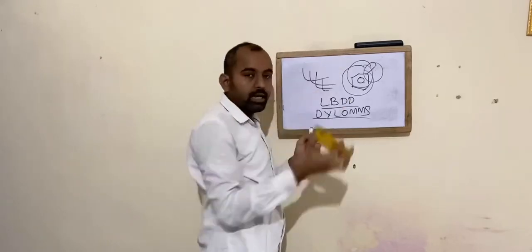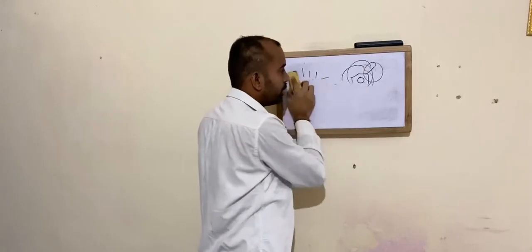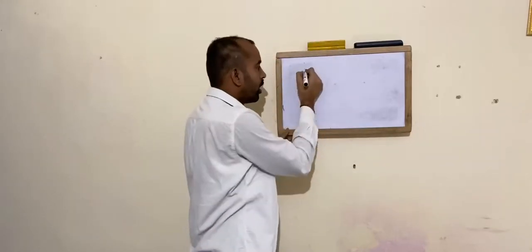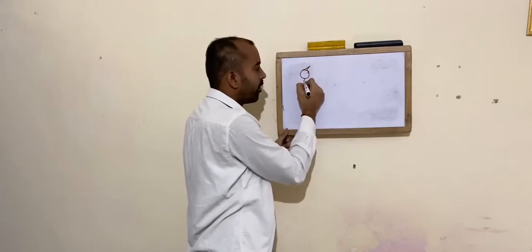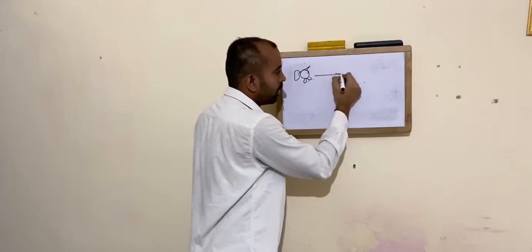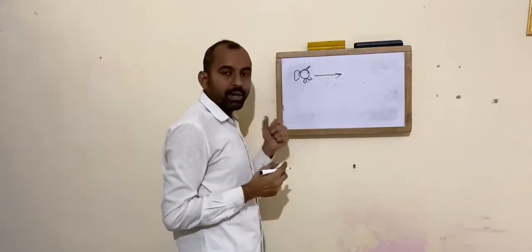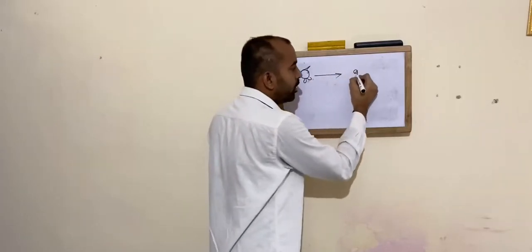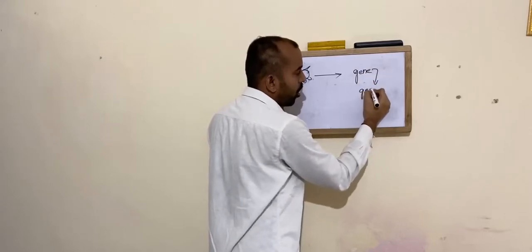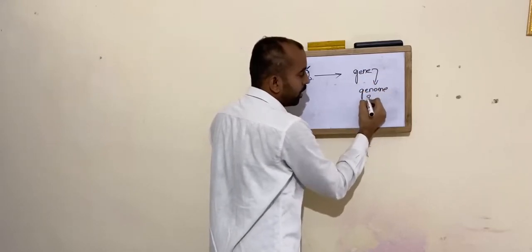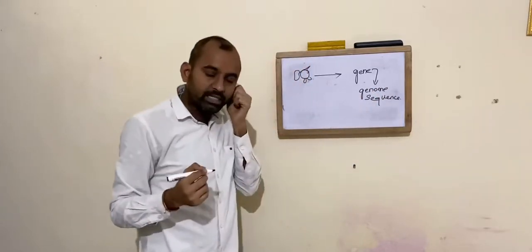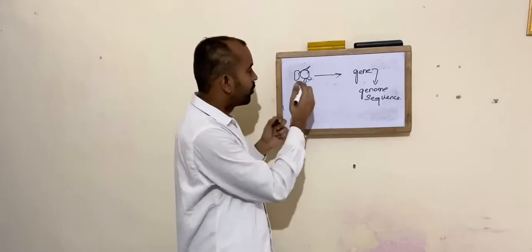So let us see how exactly the docking studies proceed. You know that the novel coronavirus affects human beings. Now you have the gene or genome sequence of the virus that is reported in the literature or identified by scientists.